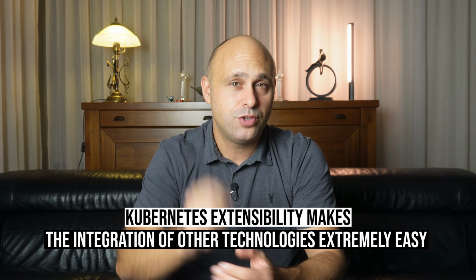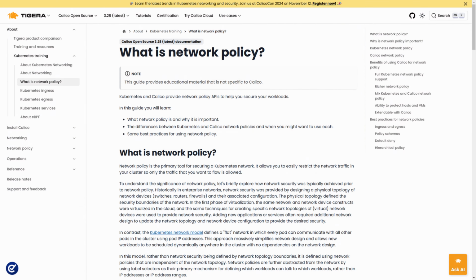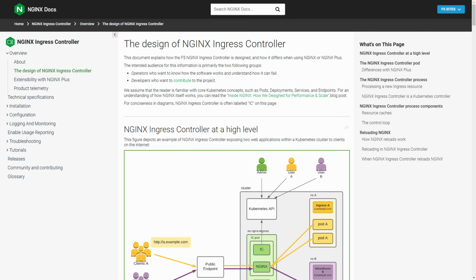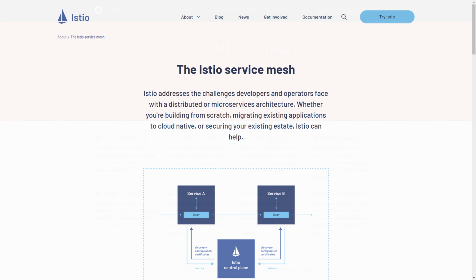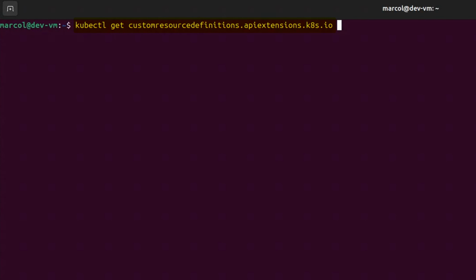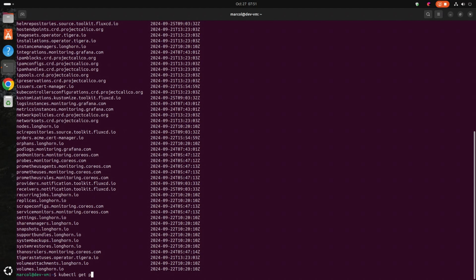This extensibility gives Kubernetes a strategic advantage on any competing solution because it makes the integration of other technologies extremely easy. Network policies, certificate management, API gateways, service meshes, monitoring, and much more are all managed within Kubernetes nowadays thanks to CRDs and custom controllers.